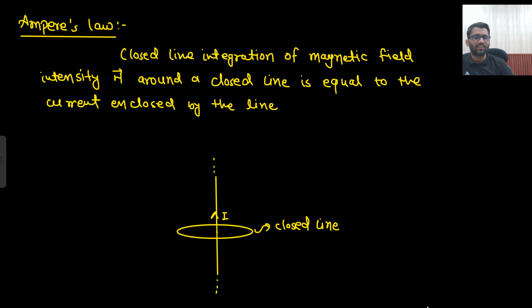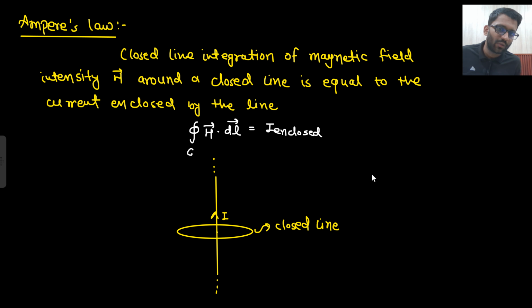What Ampere's law says is that the closed line integration of magnetic field intensity H around a closed line or loop is equal to the current I enclosed by the line, or you can say the loop.